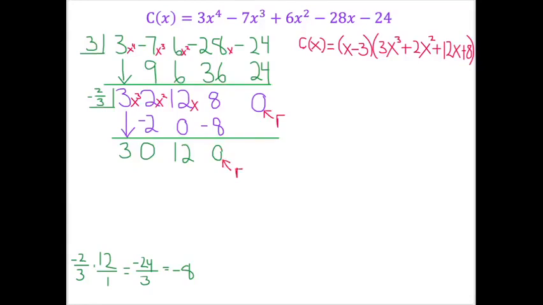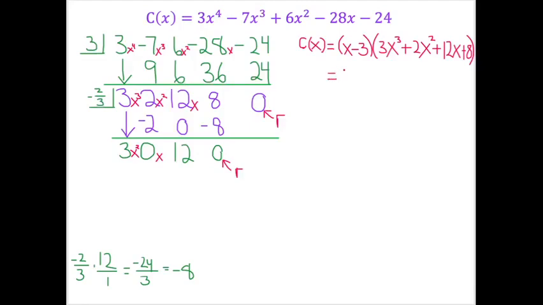And so now, notice since we started out with 3x cubed, we have a degree 3 polynomial right here. Well, this is going to reduce down to a quadratic. We have 3x squared, this is 0x, and then 12. So now we can further reduce c of x.